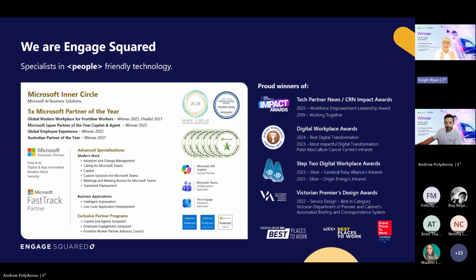This award is given to partners who demonstrate a deep technical expertise in security practices and a track record of successful implementations. Essentially, this reinforces Engage Squared's position as a trusted Microsoft partner, helping organisations move from Copilot experiments into a full rollout.